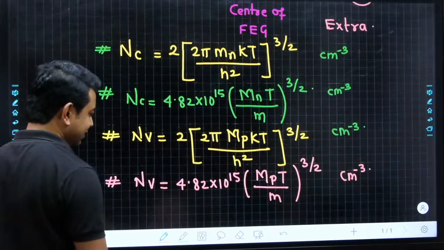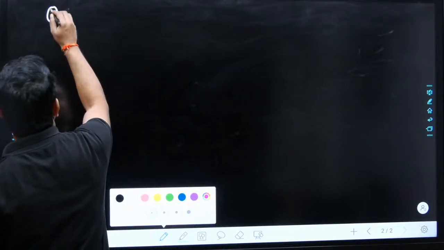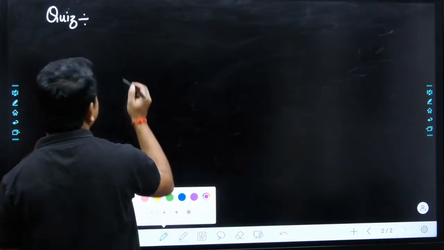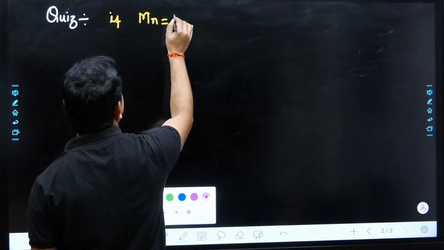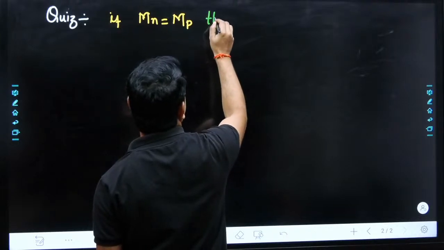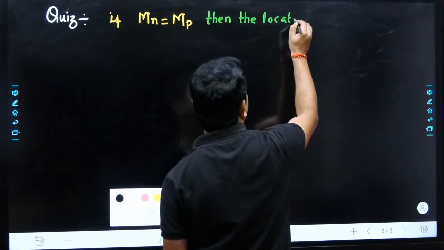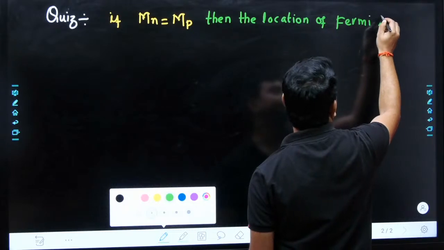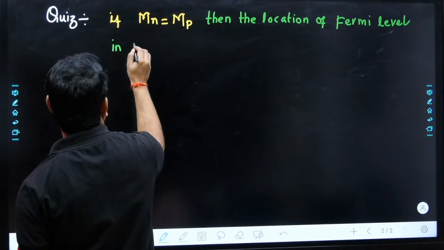I just want to ask a similar thing, quiz questions, so that you will have some interesting facts about this. If the effective mass of electron is equal to the effective mass of hole, then the location of the Fermi level in an intrinsic semiconductor.